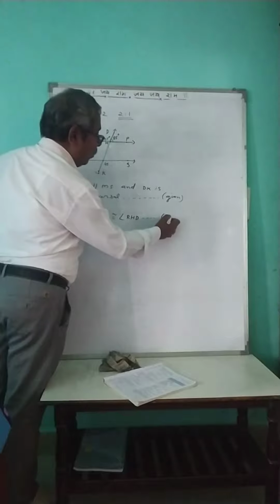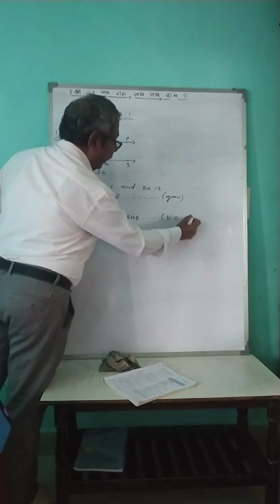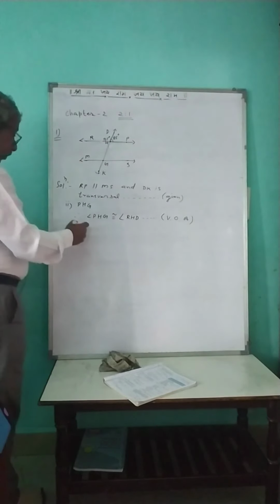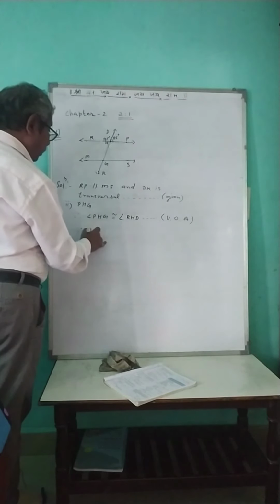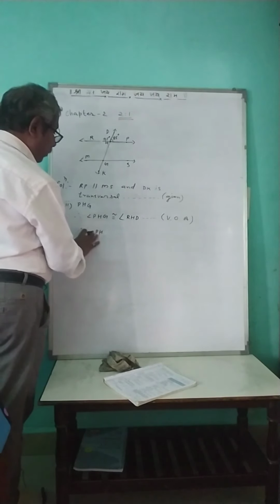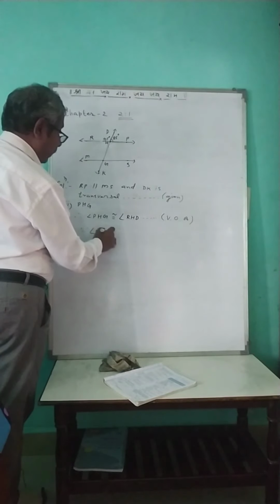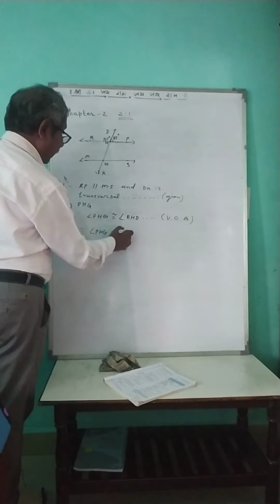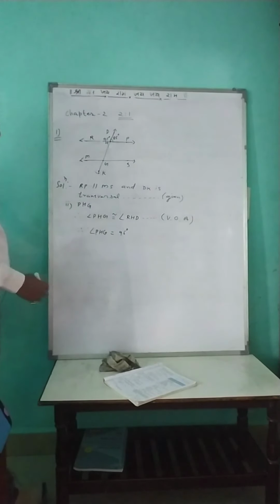Why? This is the vertical opposite angle. Therefore, angle PHG is equal to 95 degrees from the one.